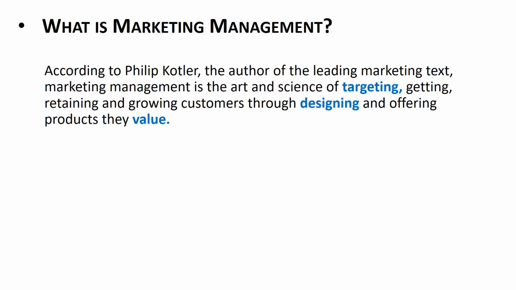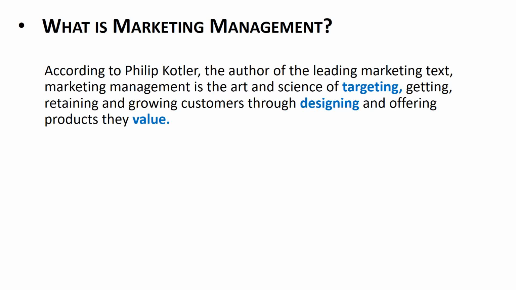So marketing management is about a target. Don't try to sell your product for the whole world. It's not effective. Find the group that you can serve the best. Then you got to get them. Then you got to retain them. Then you got to grow your market through them, because they will go and tell their family and friends.